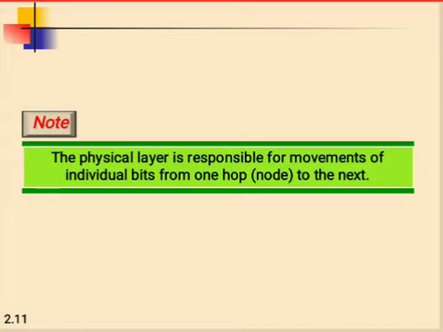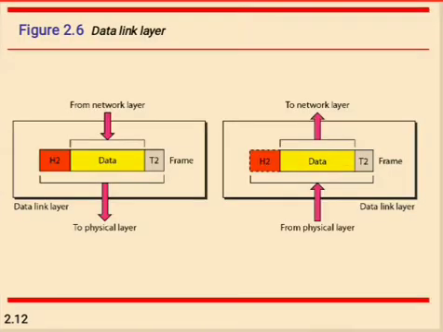Next, let's see the data link layer and its functions. The data link layer is responsible for node to node delivery of the message. The main function of this layer is to make sure the data is error free from one node to another node.